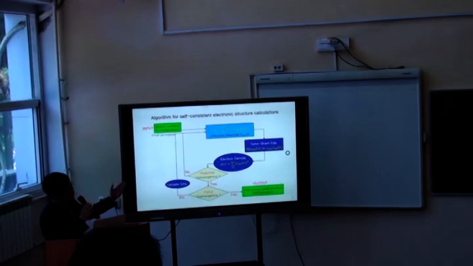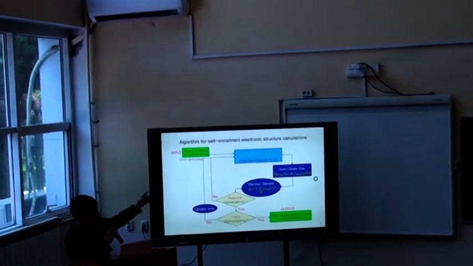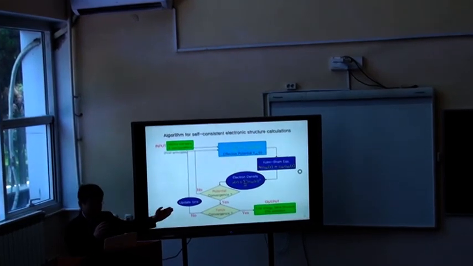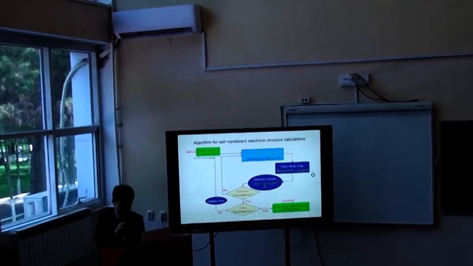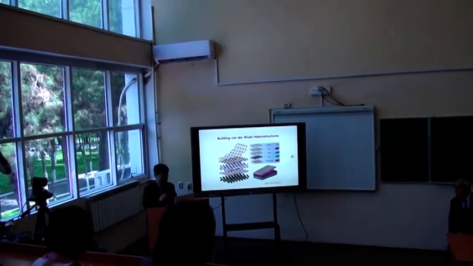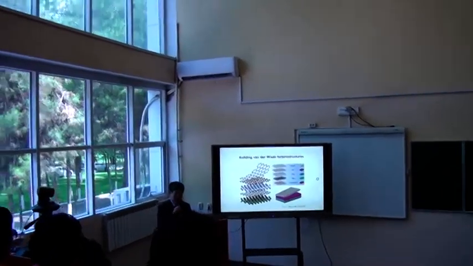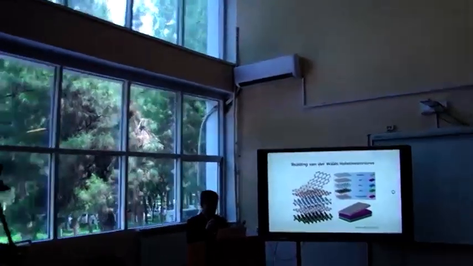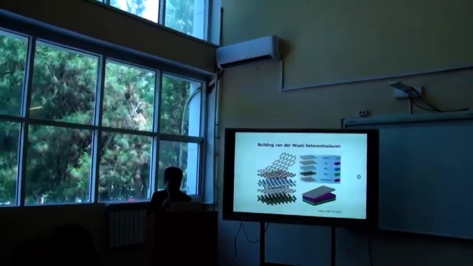If some condition is not satisfied, we repeat the calculation to get the converged potential and converged force, etc. And using this kind of calculation method, I can handle nowadays usually material heterostructures.